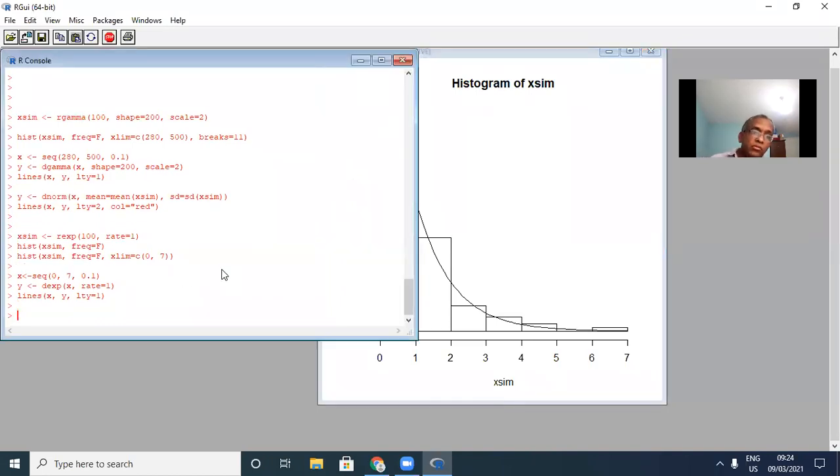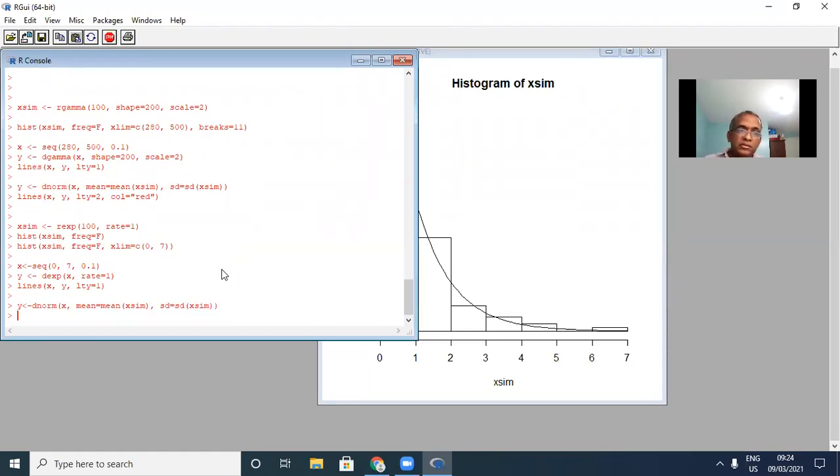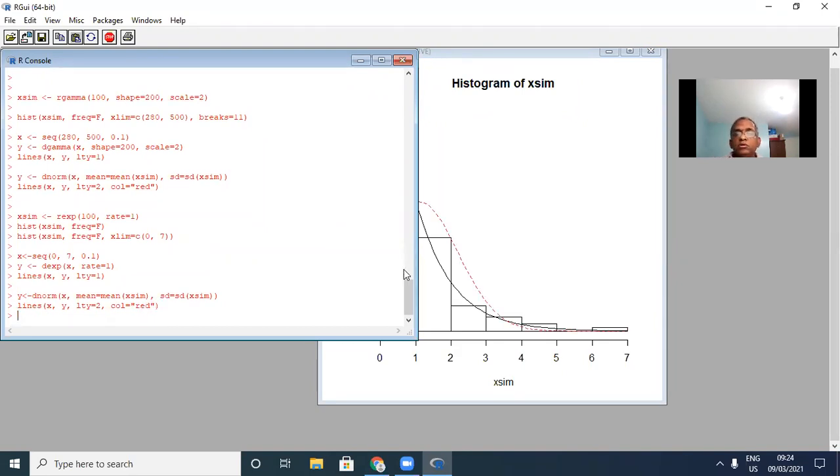Now let me compute y also as the density of the normal at x, with the mean parameter equal to the mean of the simulated data, and the SD parameter equal to the SD of the simulated data. Now, if you plot the density of the normal on top of the density of the exponential with a different color, say red, this is what you will see.